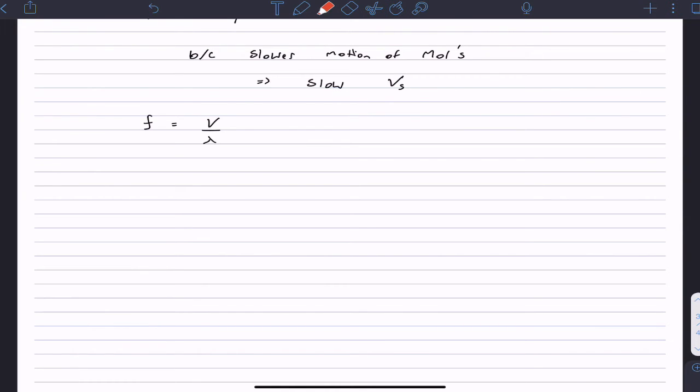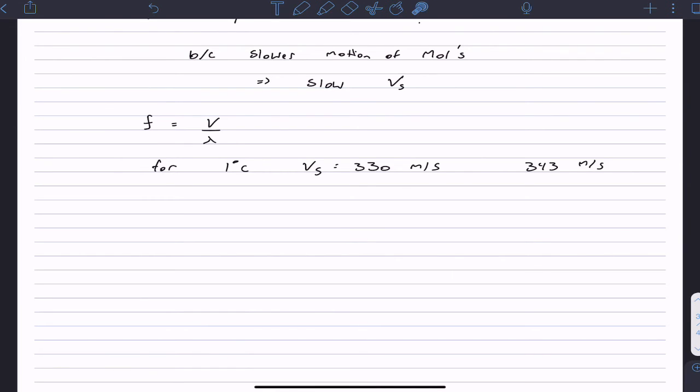For 1 degree Celsius, the speed of sound is around 330 meters per second, which is less than the 343 meters per second we have as normal. So we had a problem earlier where this was the speed of sound, so it must have been a cold temperature, I would guess.